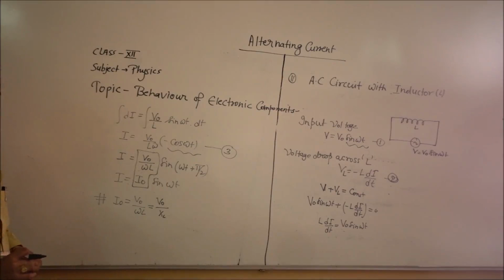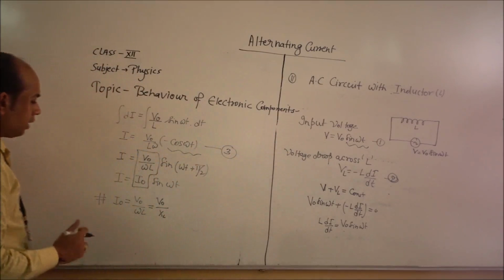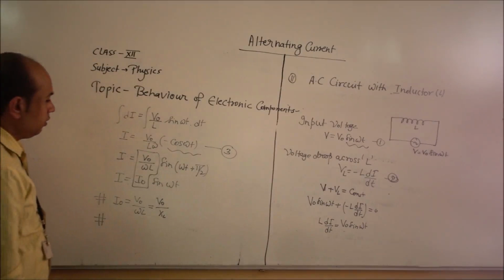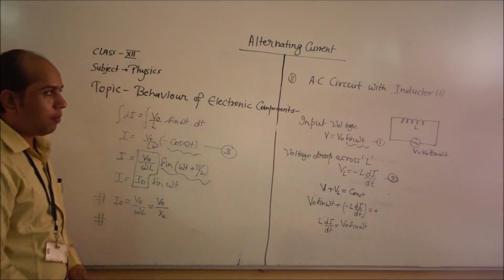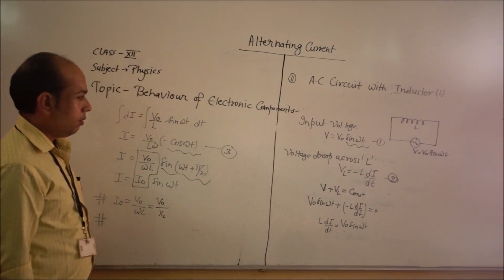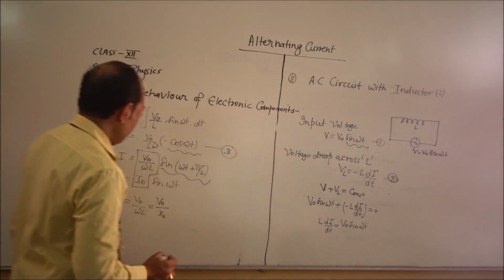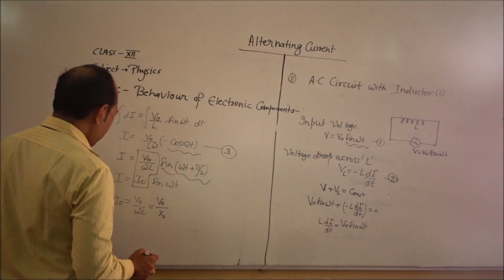Inductive reactance means resistance offered by the inductor. Second result, variation of current and voltage. So in the current term, sine omega t plus pi by 2, and in voltage, sine of omega t. So when we compare current and voltage, what do we get here?